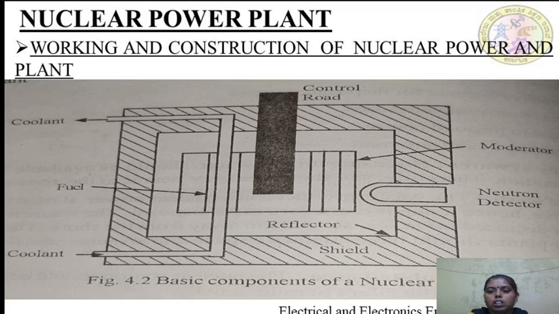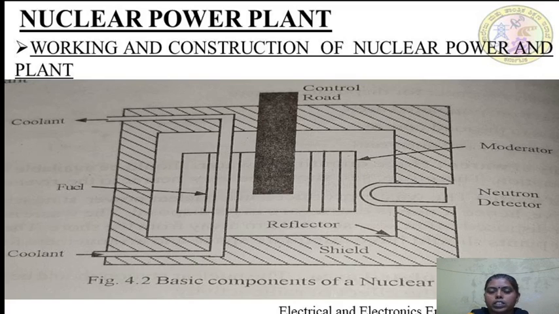The next one is the neutron detector, which will detect the leakage of the neutrons in the reactor. So these are the basic components of the nuclear reactor: control rods, moderator, reflector, shield, fuel, coolant and neutron detector.